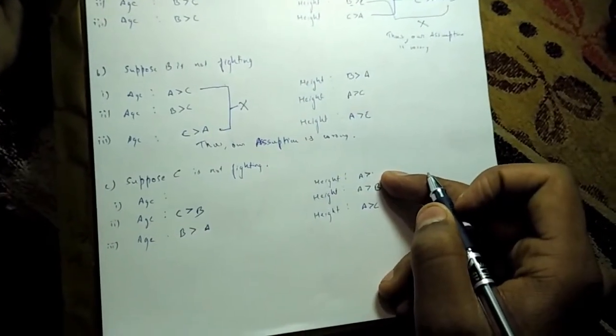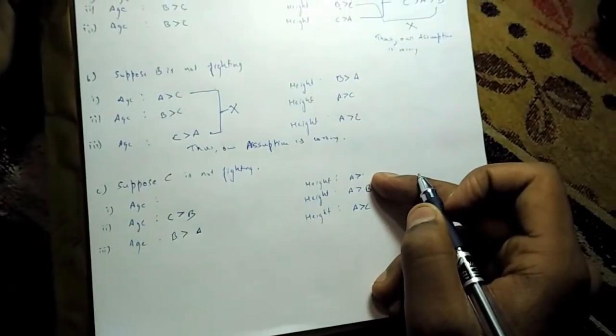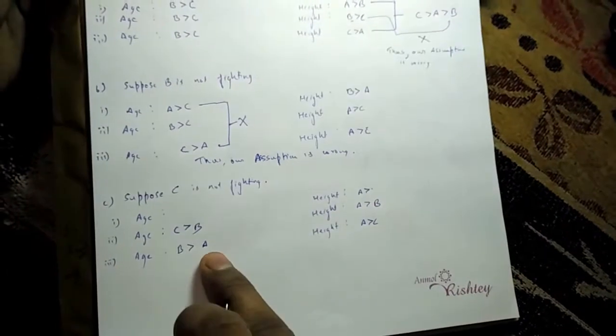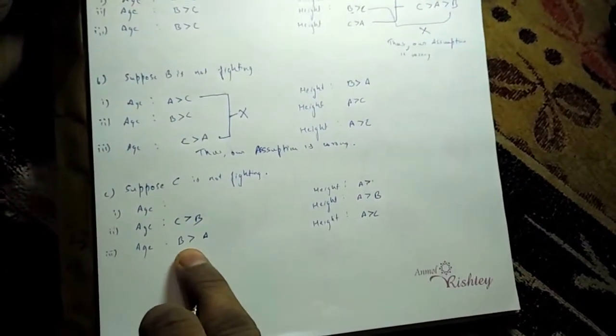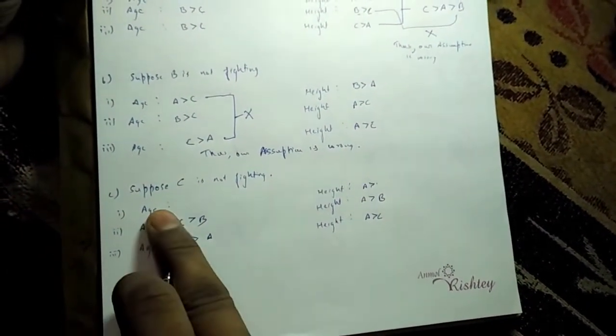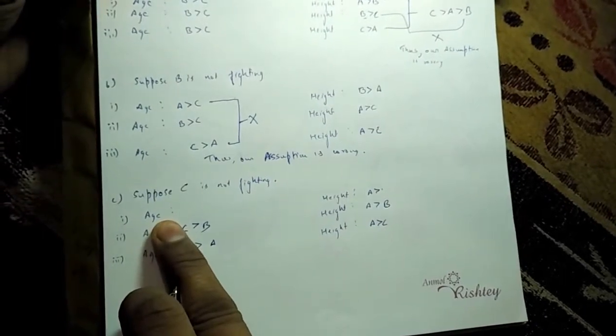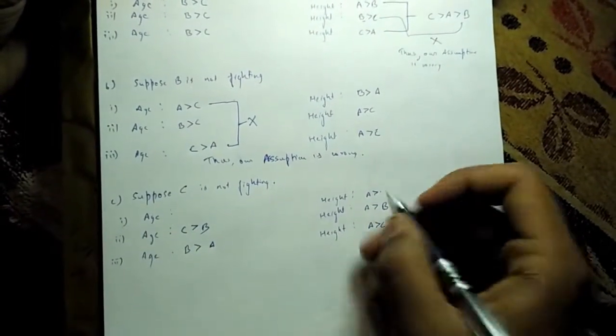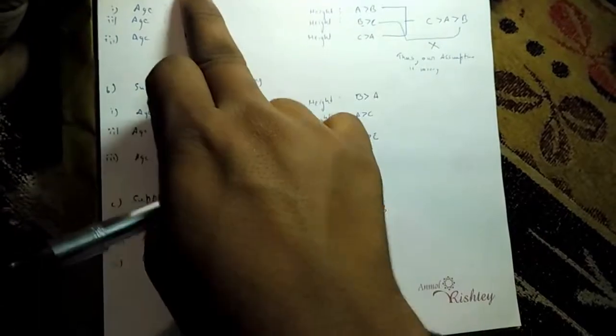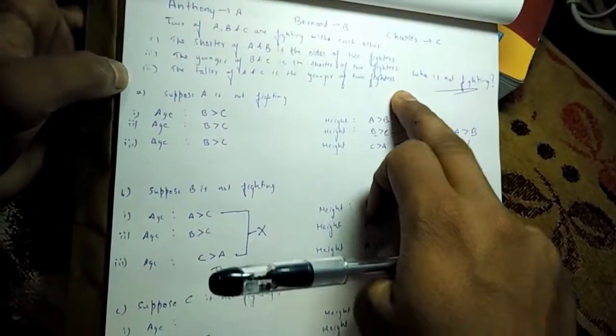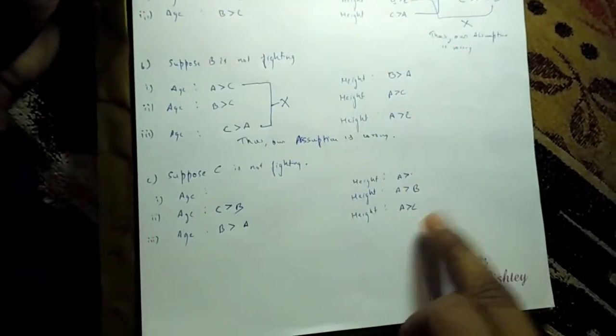Who is the taller? Oh, sorry. The taller of A and C is the younger of the two fighters. Thus B is greater than A and A is greater than C.